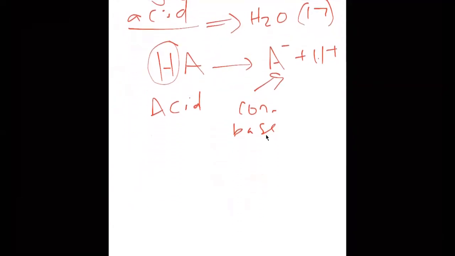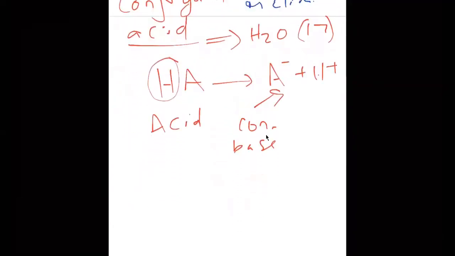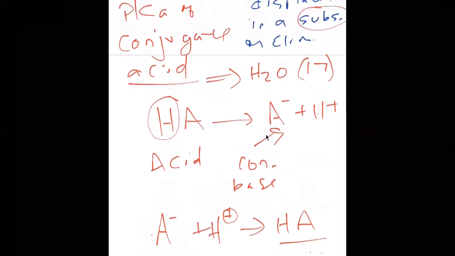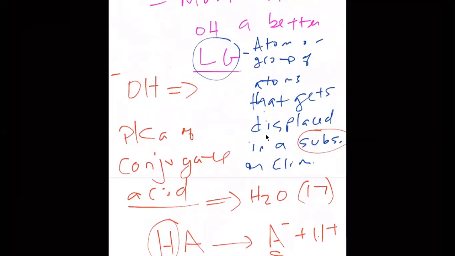If I have a base and I protonate it, then this is the conjugate acid. The conjugate acid is just whatever that base is plus H plus. So if you want to know what the conjugate acid of a leaving group looks like, you just add H to it.